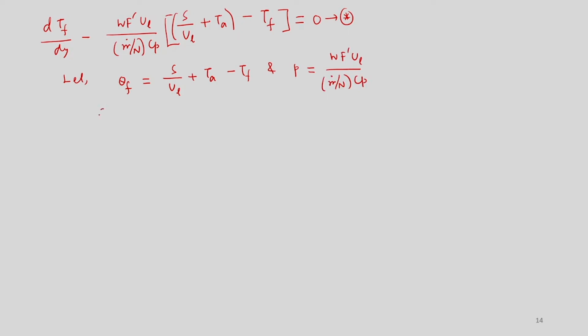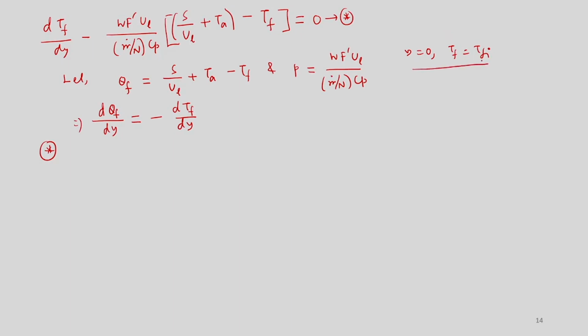Now, if I differentiate it, d theta f by dy, these are constants, so this will be minus dTf by dy. So, if we use the expression star here, I have not yet mentioned the boundary conditions, we will use it. The boundary condition was, when y is equal to 0, then Tf is equal to Tfi, which is obvious.